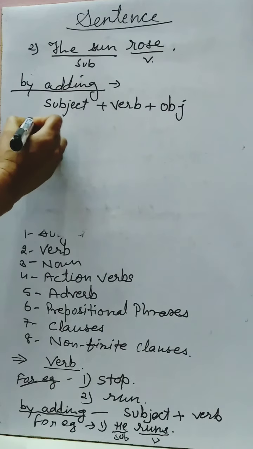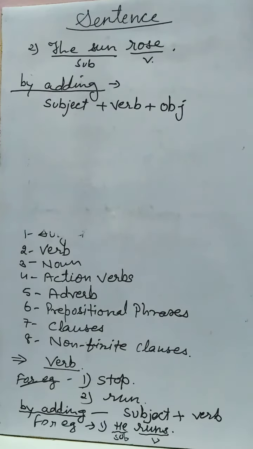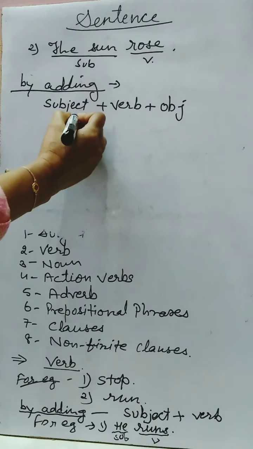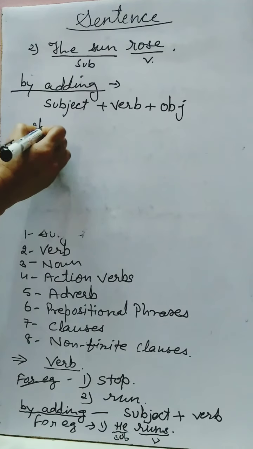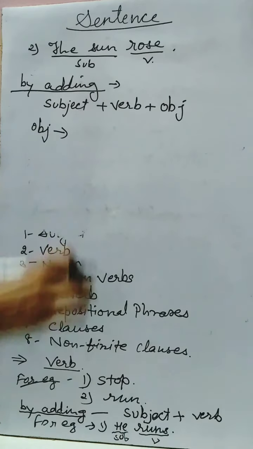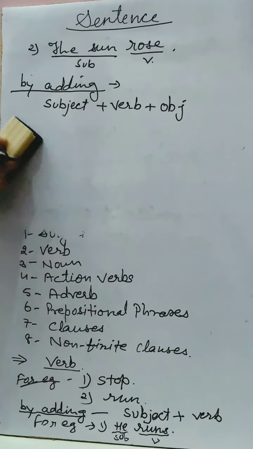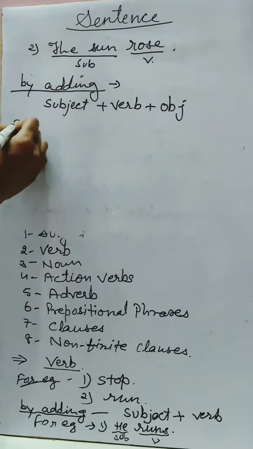Here, object means these three parts. You can say these are the three parts which make the largest sentence. Here, objects means, you can say, this describes the sentence, the subject.